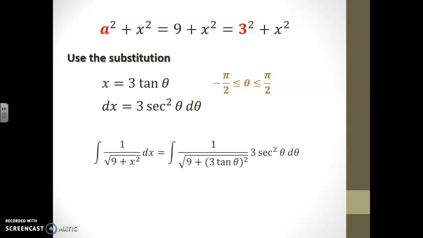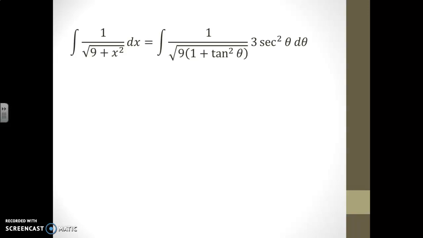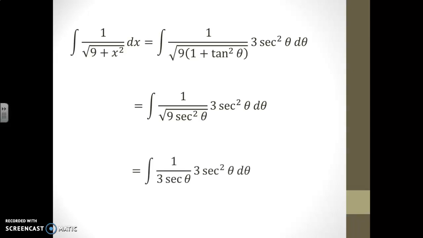Applying the substitution, where dx is replaced as well as x, will then, through expansion, make us realize a 9 is common in the root. The 9 can be factored, leaving 1 plus tan square, which happens to be secant squared. Rooting 9 and rooting secant square will simplify the terms, and common expressions can then be cancelled off.